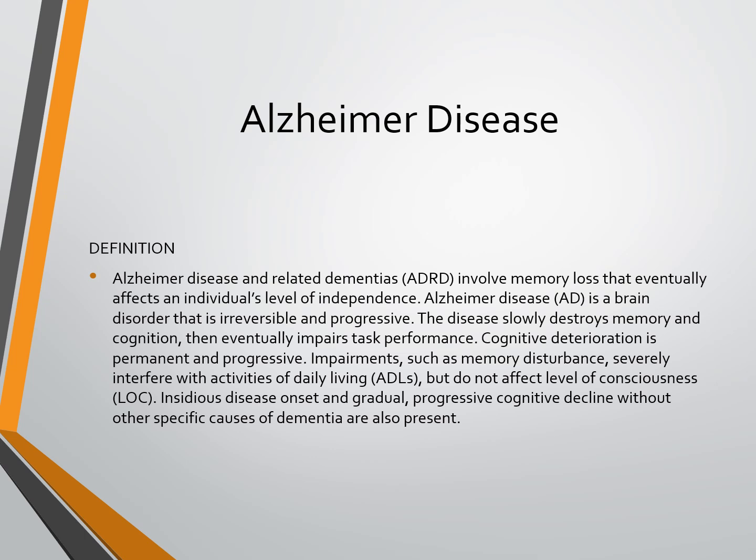The disease slowly destroys the memory and the cognition, which eventually impairs one's ability to perform tasks. The cognitive deterioration is permanent and progressive. Impairments occur in areas such as memory disturbance, and it interferes severely with one's ability to perform their activities of daily living.